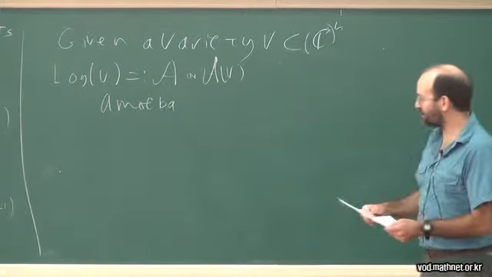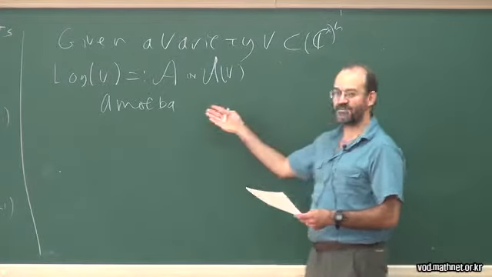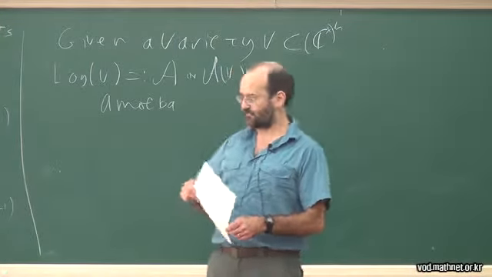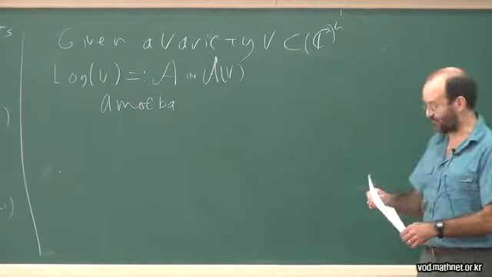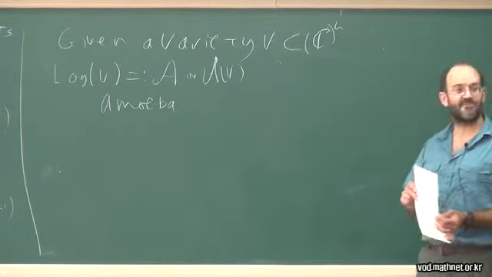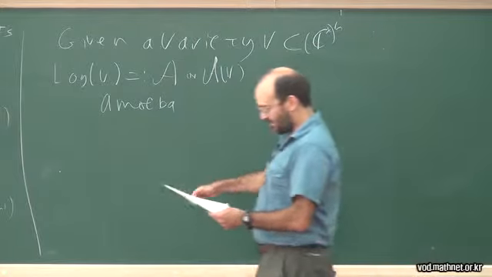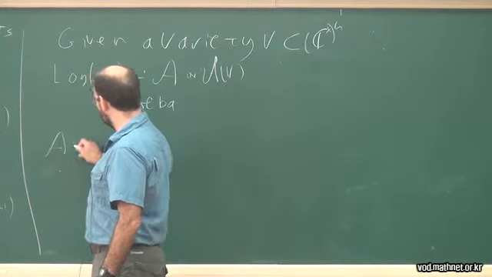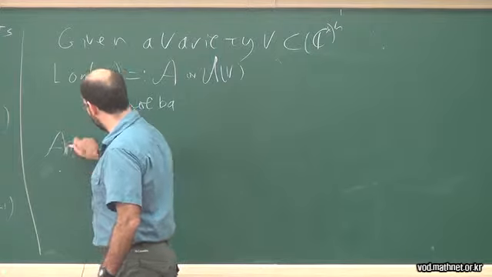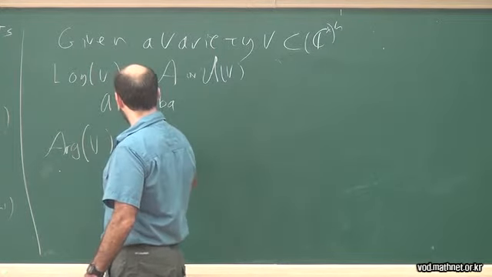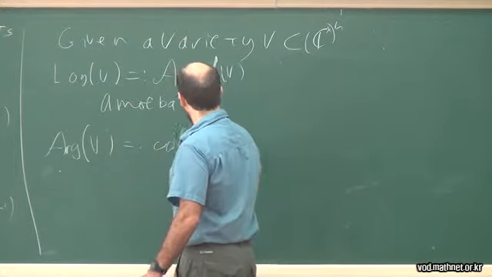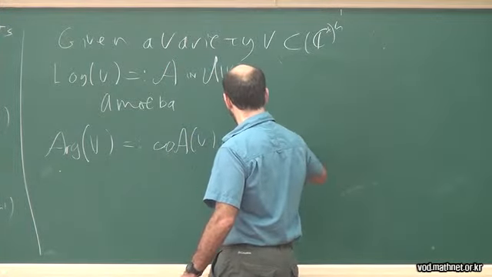These were introduced by Gelfand, Kapranov, and Zelevinsky in their book on discriminants and multidimensional residues. I'm going to get the title wrong, but their book. They were studied before then, though. And then you can also look at the image of v under the argument map, and I'll write this as coa of v, or just simply coa.